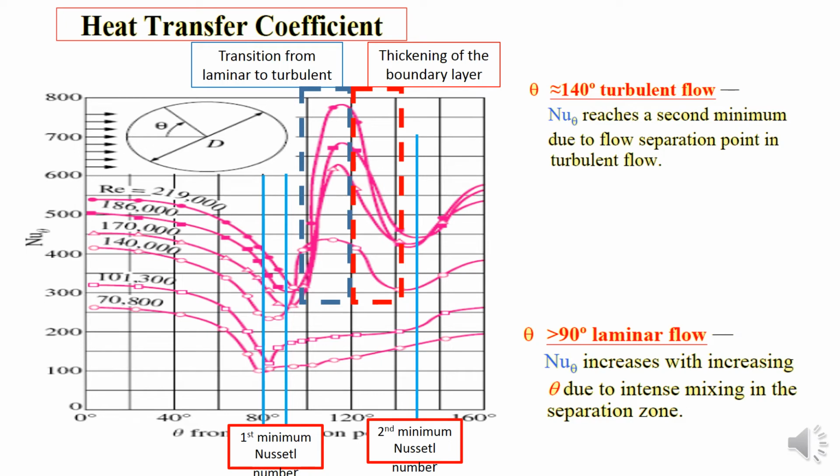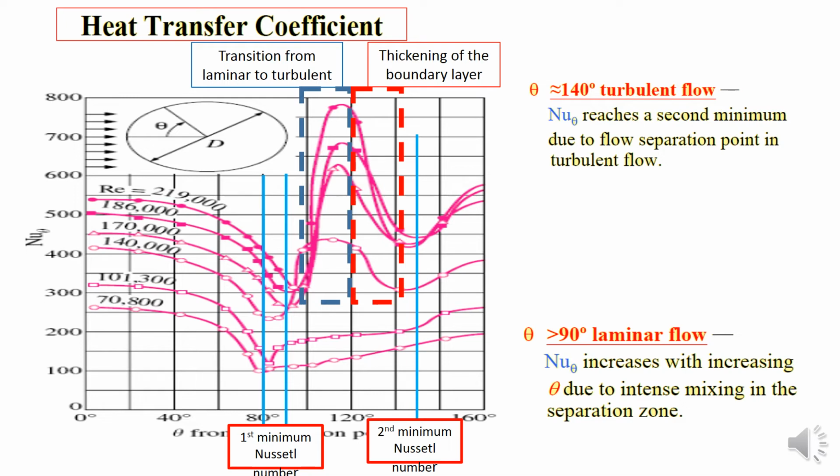As you can see, it reduces at the small values of theta, and then it reaches the first minimum of Nusselt number, and then it keeps on increasing from 80 to 160 degrees. This is due to the intense mixing in the separation zone.